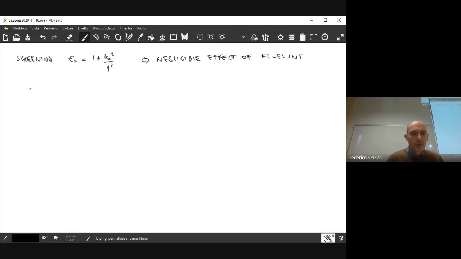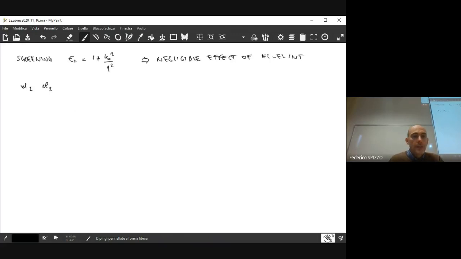So if we suppose to have electron 1 and electron 2 that interact with each other, we have to expect that electron 1 will have an initial level, electron 2 will have an initial level. So we have to find two final levels to host electron 1 and electron 2 after the interaction.